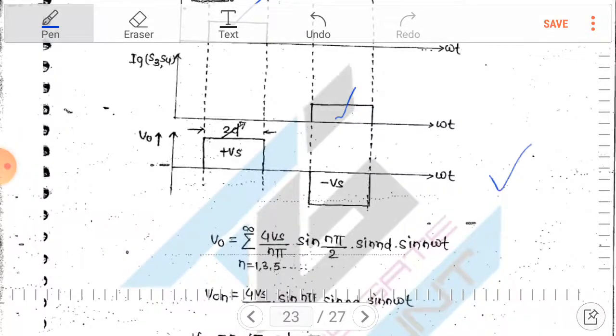We get the output voltage waveform like this. The width of the pulse we get is 2D in each half cycle, in positive and negative.